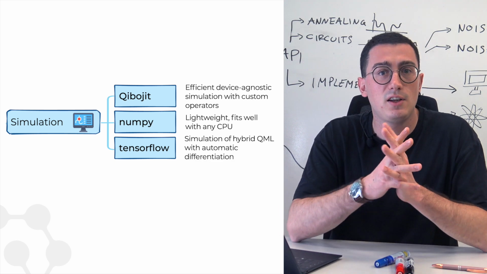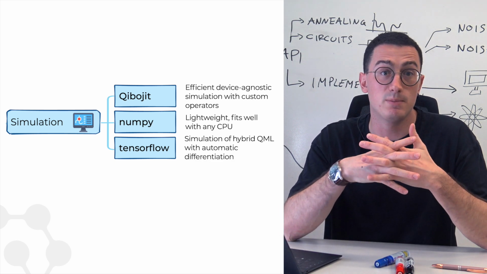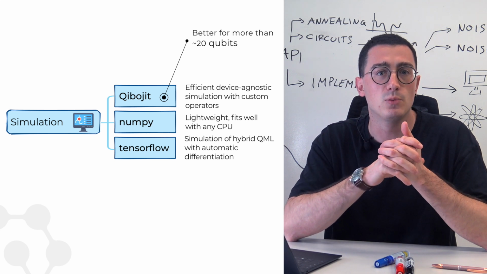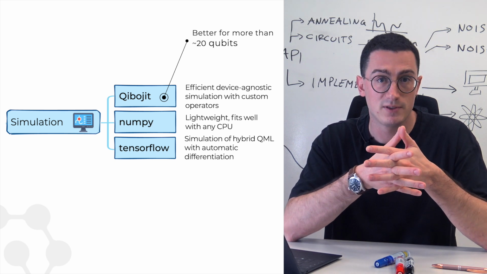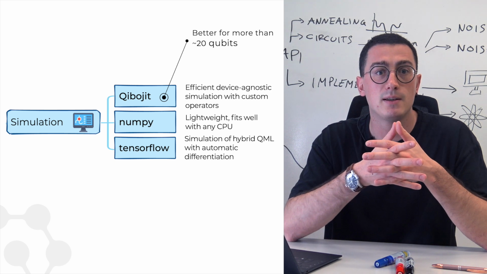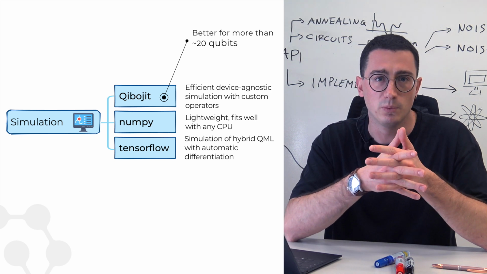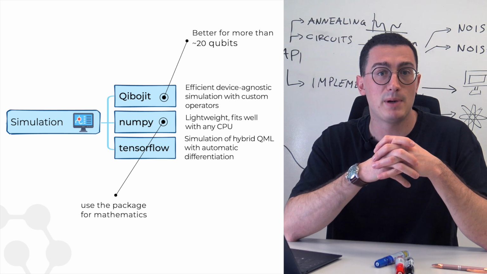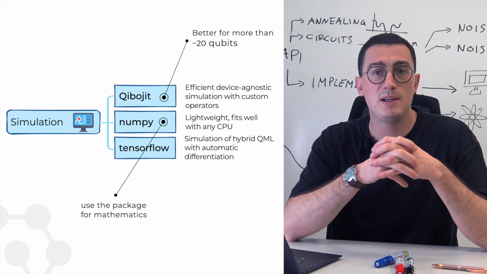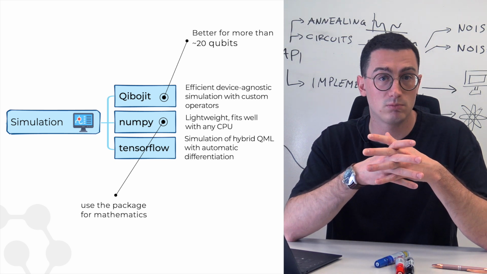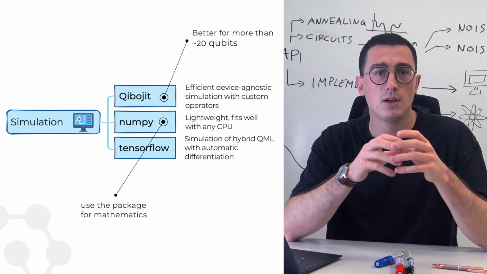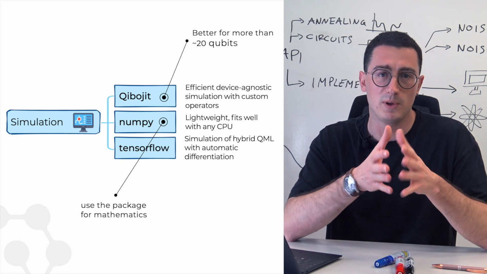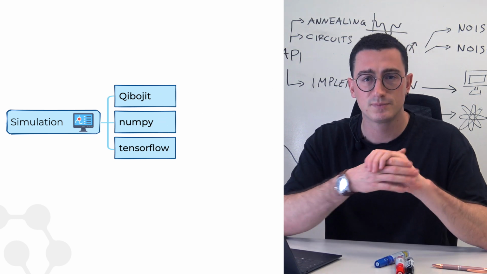Note that in this series of lectures we are going to use the QiboJIT backend in general, which is also the best one when we aim to simulate a large number of qubits. And with large I mean more than 20-25 qubits. Note also that in the lectures we will use the NumPy package itself, which will be used to generate random numbers or to compute mathematics. So I think that is everything, and so now it's the moment to put our hands on the code.